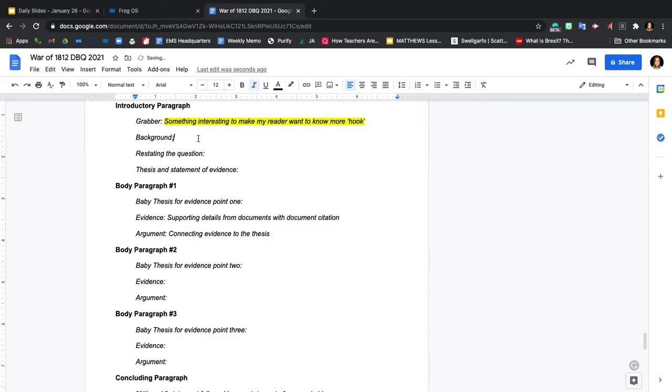For your background, so this is going to be the meat of your introductory paragraph. It should be a few sentences, but you want to include only what is necessary for your reader to know. The War of 1812, they have entire courses on the War of 1812. People have written novels on the War of 1812. We need to keep it short, sweet, and to the point.